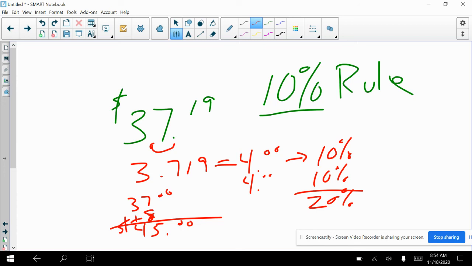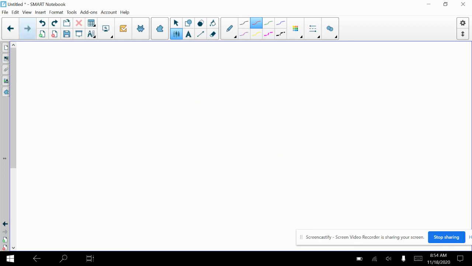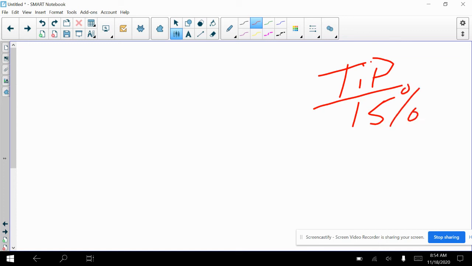Okay, the harder ones, might want to pay attention for those of you on your Chromebook. The harder ones are when they want to leave 15%. Listen carefully. You always, are you listening?